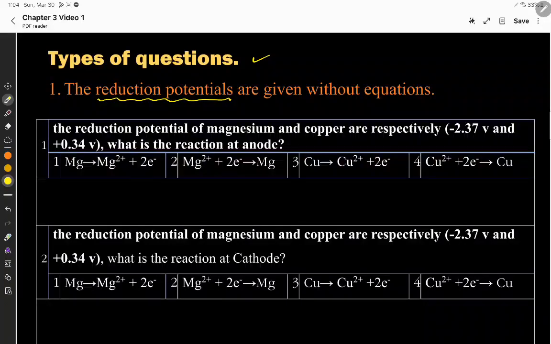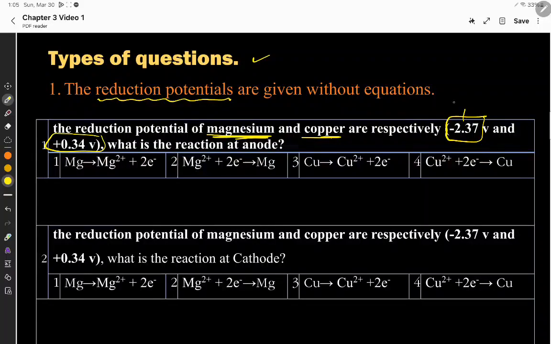It says the reduction potential of magnesium. So it gave us the reduction potential of magnesium and copper. This is magnesium, and this is the reduction potential of copper. As we can see here, the reduction potential of magnesium is less than the reduction potential of copper.